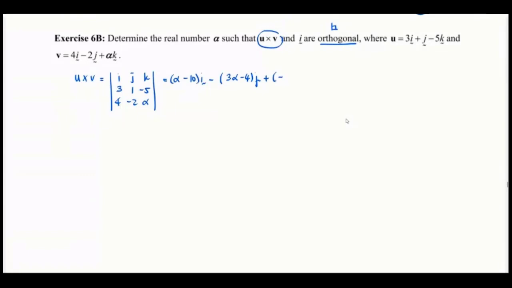And then -6 minus 4. So that already we have alpha minus 10. It should be 20, right? It plus 20.